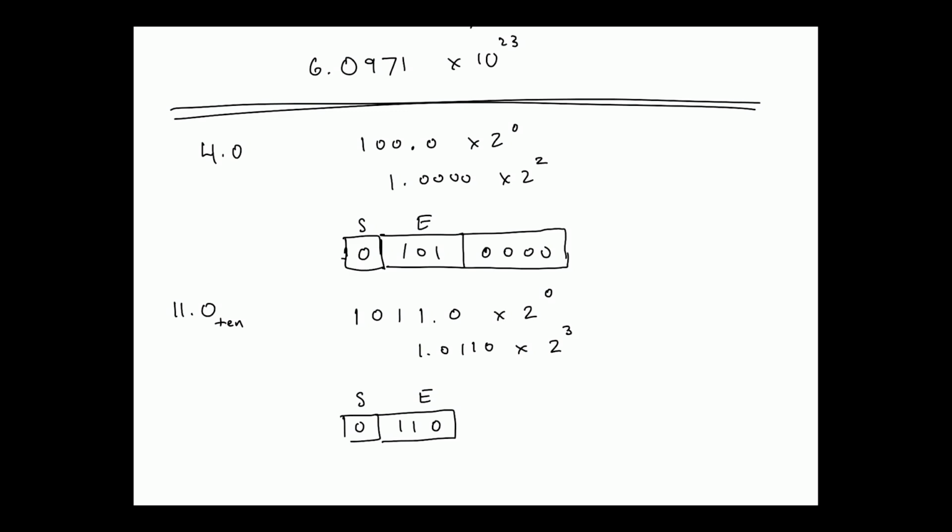Got to add 3 to it because of that offset. Okay, and then finally, what's my mantissa? 0010. Oh, 1, sorry. 2 1s, not, there we go. Okay, so there's my 2 numbers. Perfectly good.